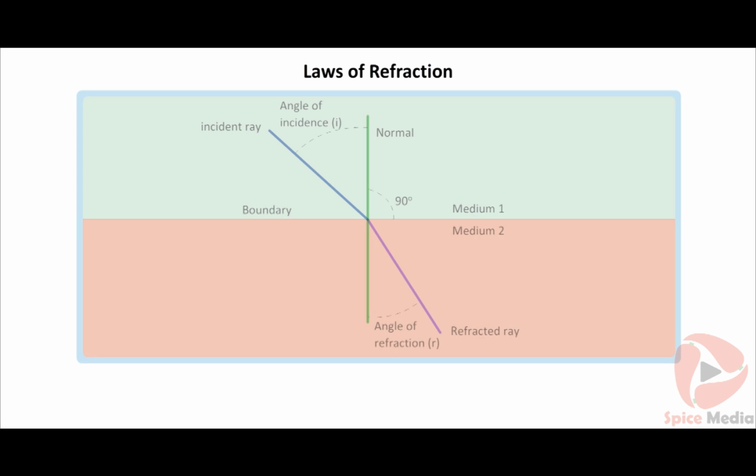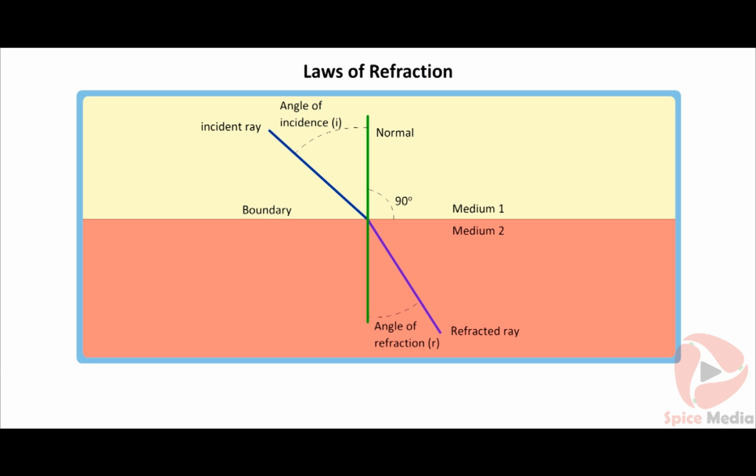The refraction of light is described by two laws of refraction. The first law of refraction is the relation between the incident angle and the refracted angle of light to the normal line drawn on the surface of separation. It states that the ratio of sine of angle of incidence in the first medium and the sine of angle of refraction in the second medium is constant.